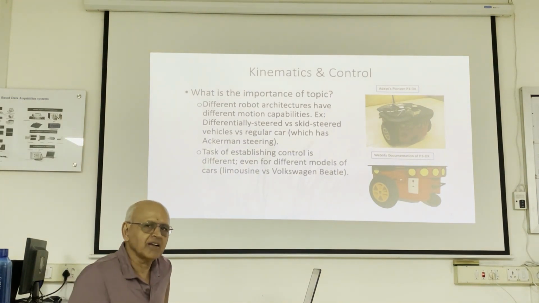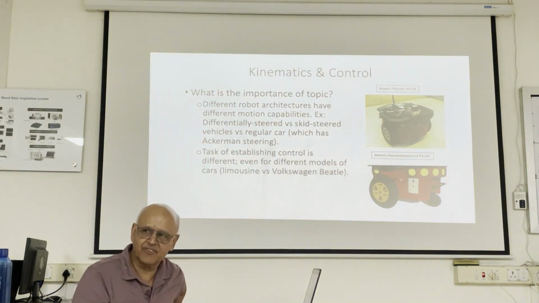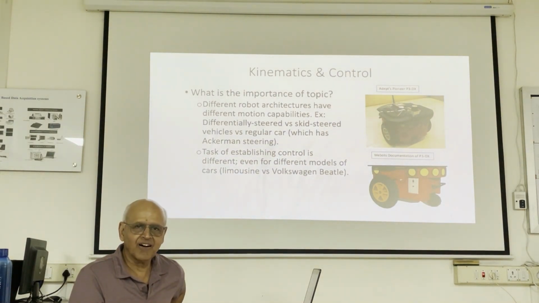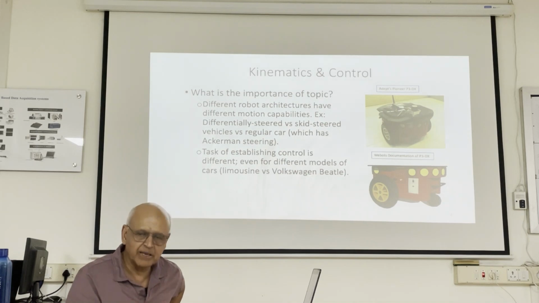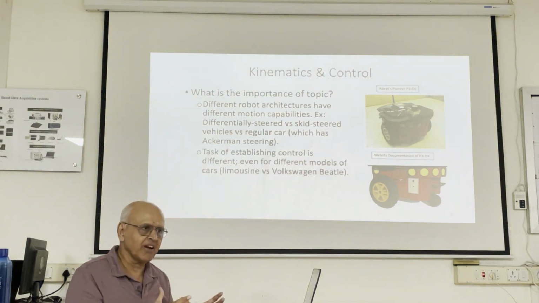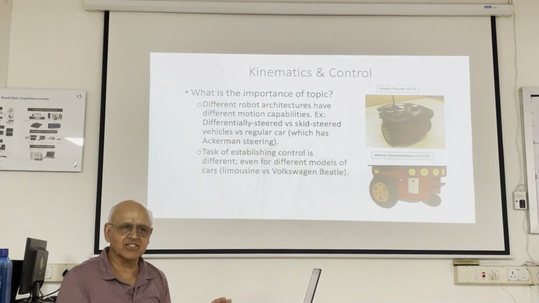So what is a model? A model is an abstraction of the real vehicle, right? Because in order to design a control system, you don't need all aspects of the real vehicle. I'm making a silly point here, but I think it makes a good point. You don't need to know what color the robot is painted. So the model removes all the unnecessary things and only keeps the most essential things.